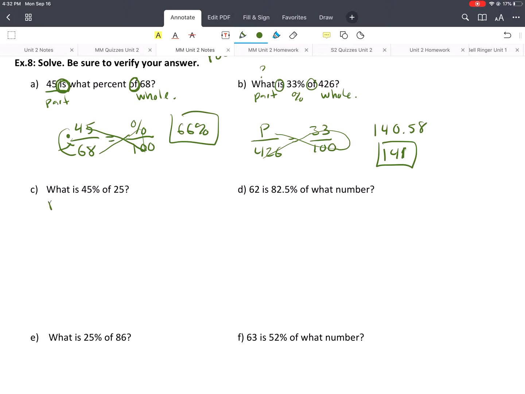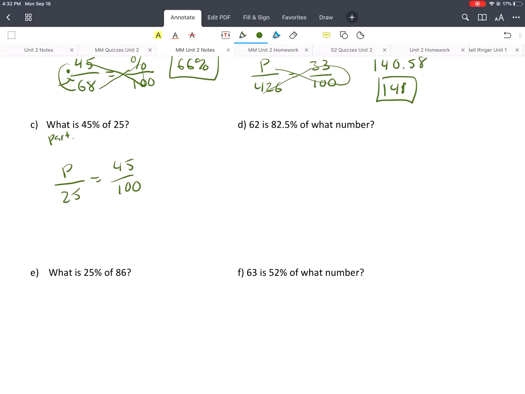What is, so this would be our part again, so we'd do P over 25 equals 45 over 100. Again, multiply, divide, equals P, so P equals 25 times 45 divided by 100, and that gives us 11.25. Setting this up again, this is our part, this is our percentage, we want to find the whole.